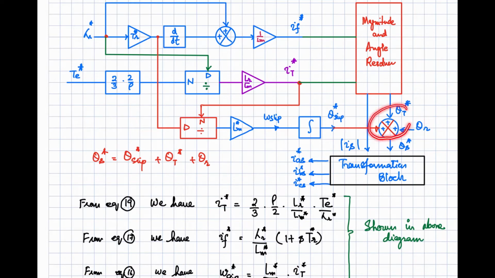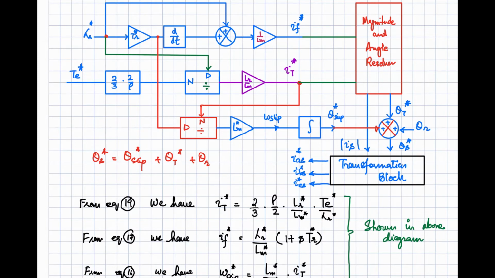Adding all these together, you determine theta s, that is the position of the stator current phasor in the frame of reference, and then you translate it to the IAS, IBS and the ICS. So we have discussed in detail this block diagram in the last video.